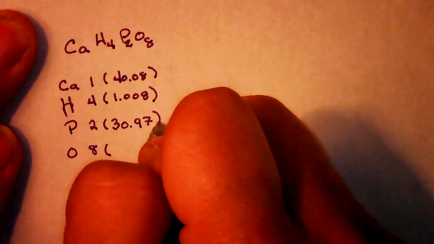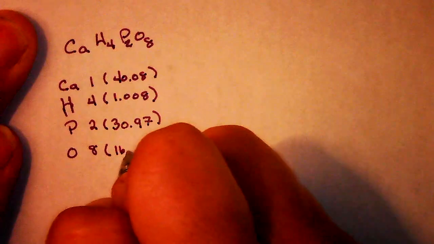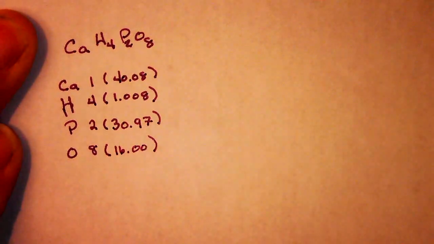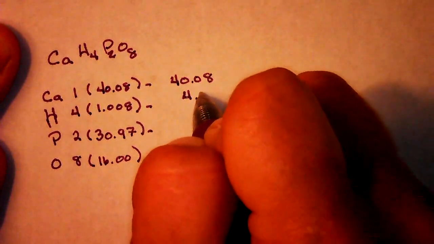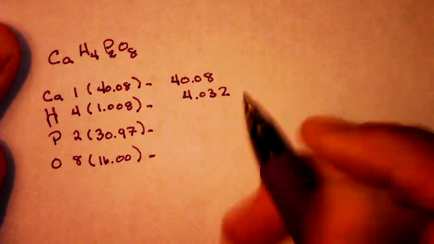Hydrogen is 1.008. Phosphorus is 30.97 and oxygen is 16.00. So when I multiply those out, I will get 40.08. I'll get 4.032.